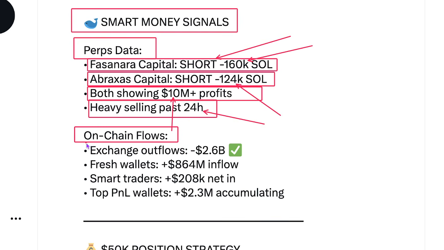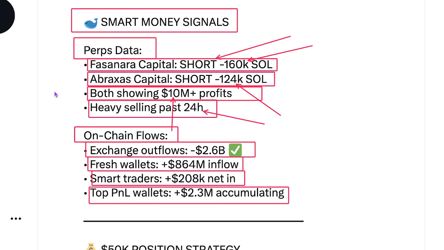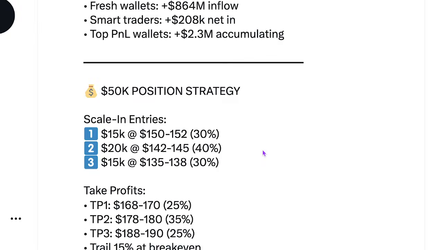Of course, some of these features we already have: exchange outflows, fresh wallets, smart money traders, and their net profit, their P&L. All of this is pretty standard. This is the game changer for me. Once they start introducing trading, I think this whole sector will be led by Nansen. I think that's going to be absolutely insane in my opinion.